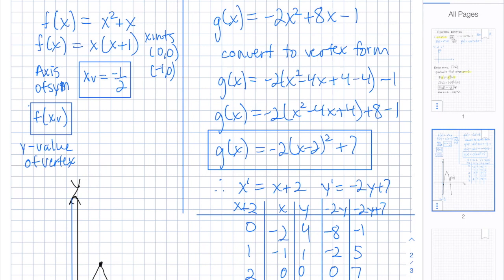If I want to evaluate f of xv, this is how I'm going to write it. I can even sub it into my first equation, the one that isn't factored, because they're the same.